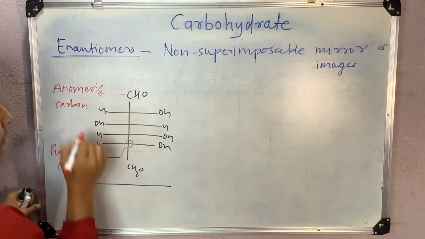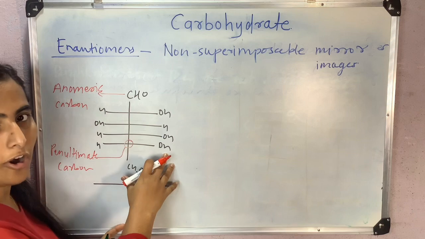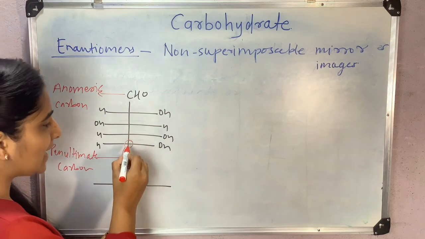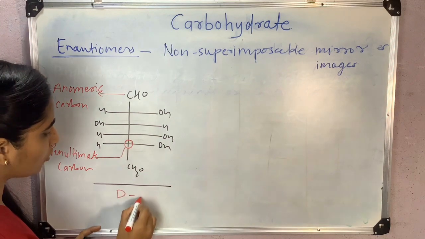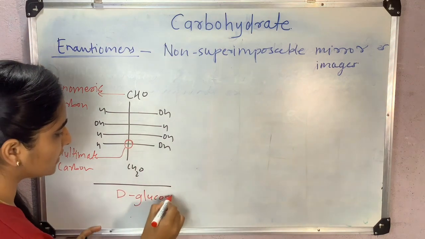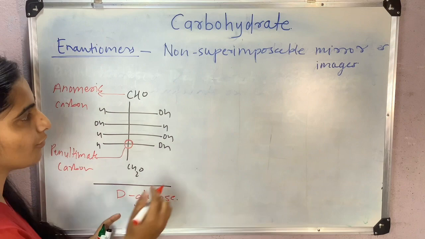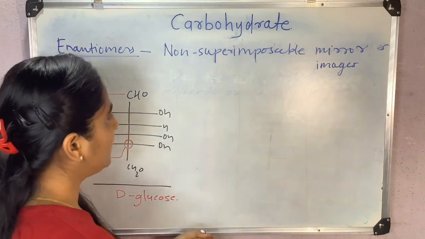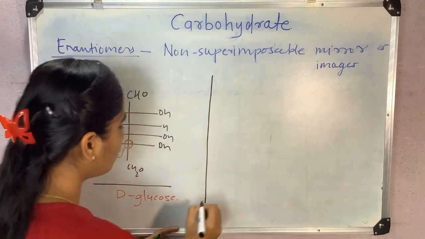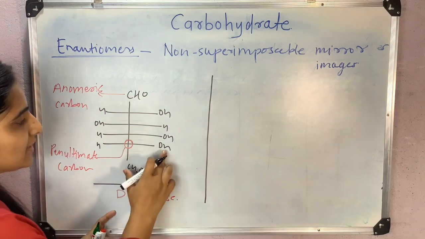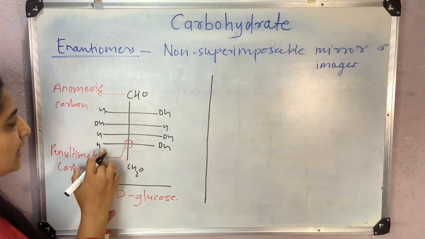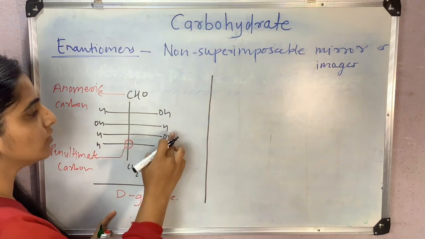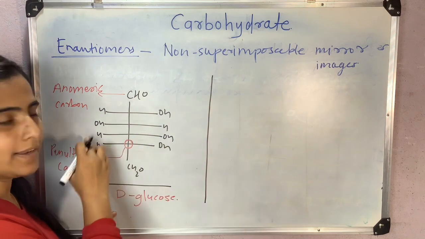If the hydroxyl group on the penultimate carbon atom is at the right side, then the structure is D and this molecule is glucose. Therefore, this glucose has D configuration. And for L glucose, this hydroxyl group on the penultimate carbon atom should be at the left side and the remaining groups should also be at the left side.